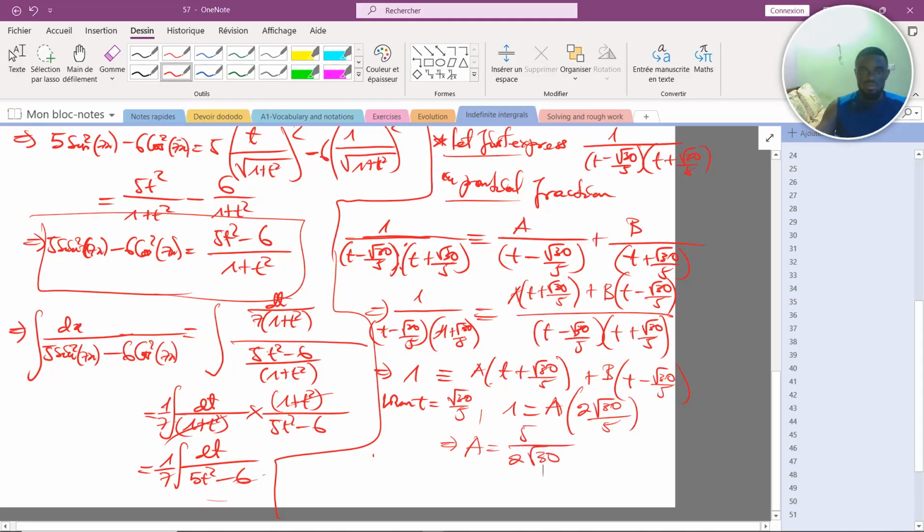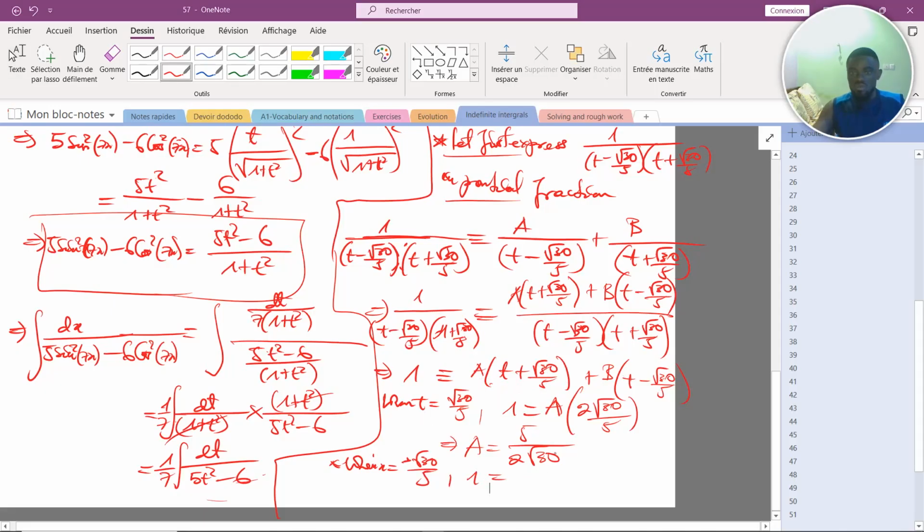Is that okay? So now we are finding B. If you equate this to 0, that means t will be minus root 30 on 5. When I substitute it here, this becomes 0, and so it implies 1 will be equal to: our A becomes 0.